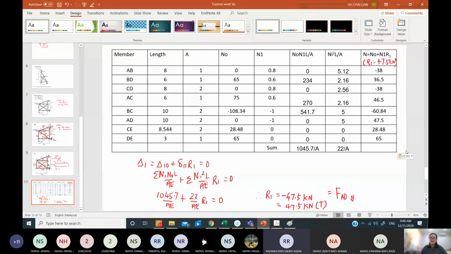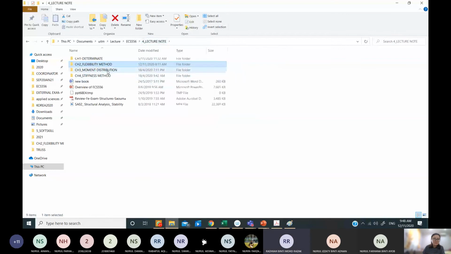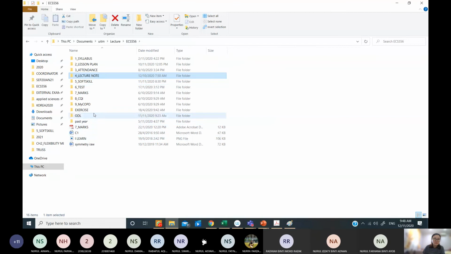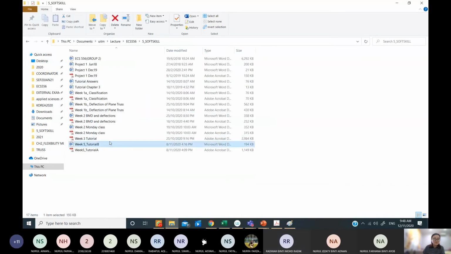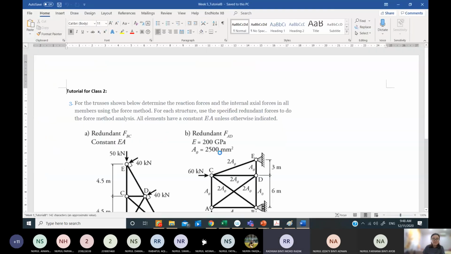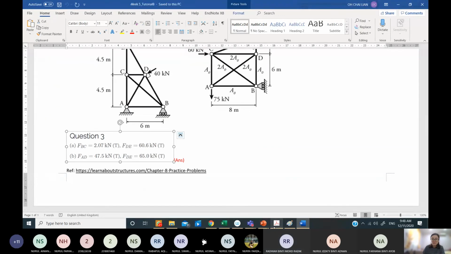So I can also find my support reactions later, but I want to see my files. Here's my file. Okay, the answer is given here.